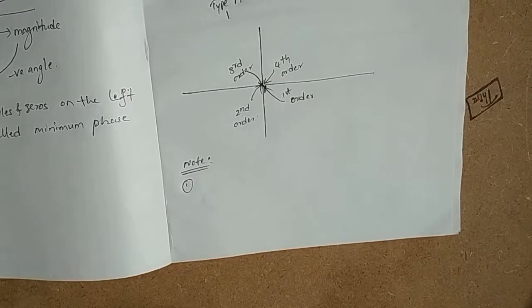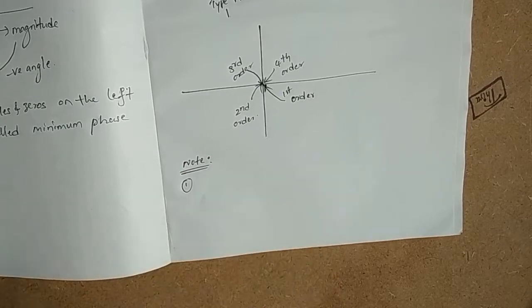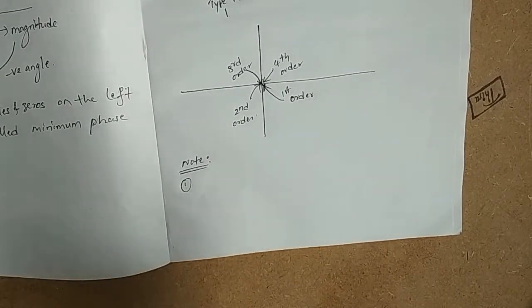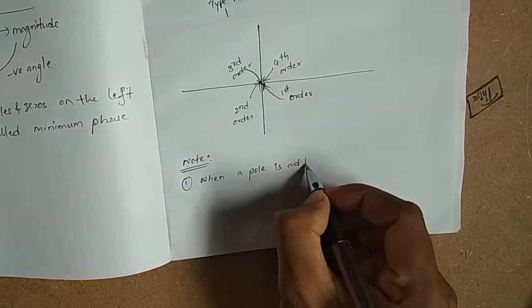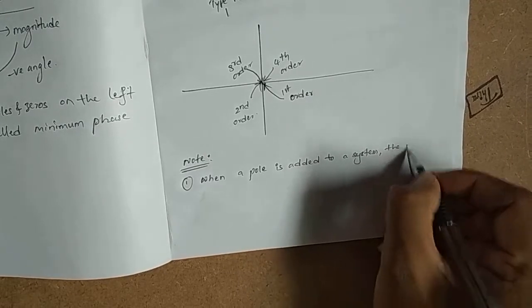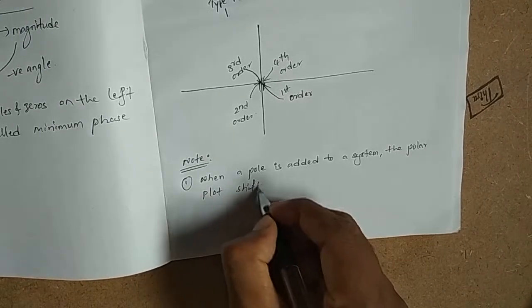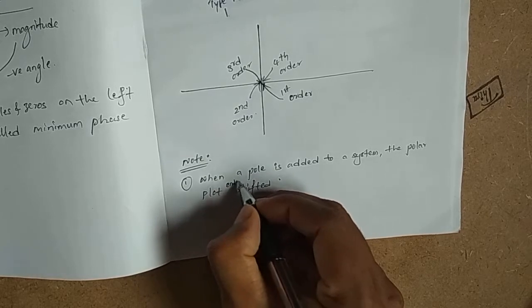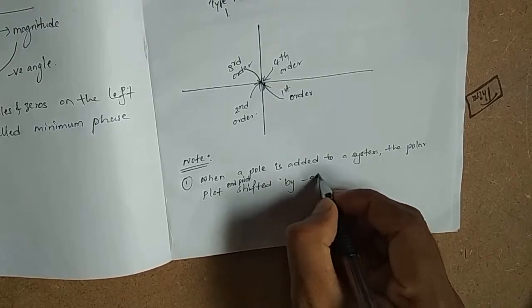First one is, when a pole is added to the system, then the polar plot end point is shifted by minus 90 degrees.